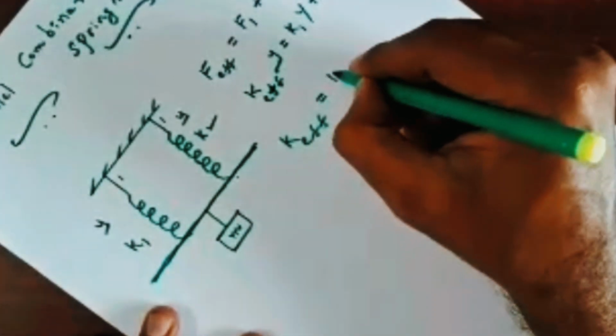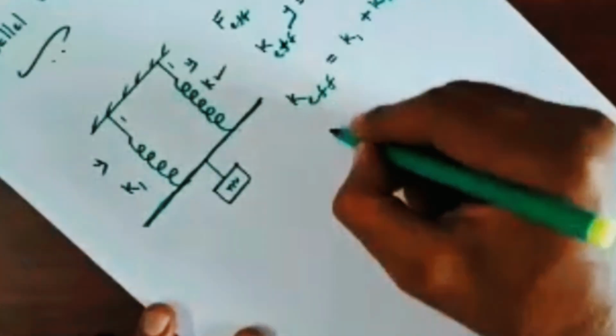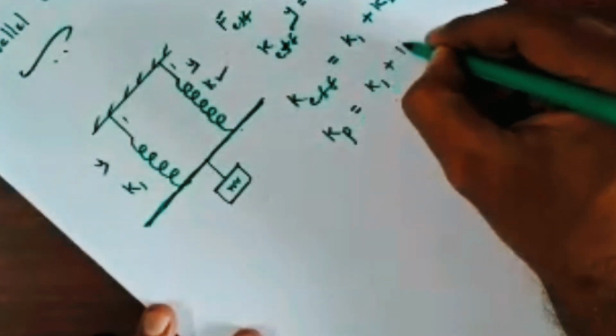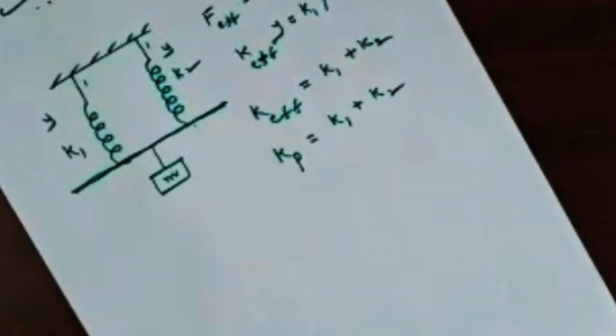K effective is equal to, what's the formula? K1 plus K2. This K effective itself we call Kp is equal to K1 plus K2. So the effective force constant in the parallel combination is Kp is equal to K1 plus K2.